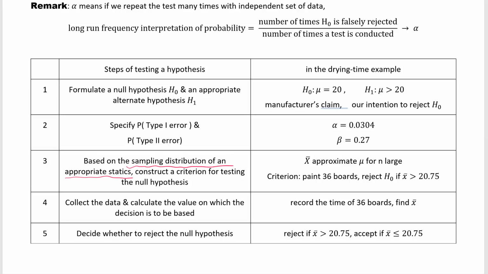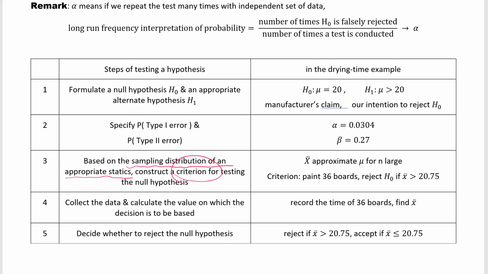The third case, we have a small sample and we don't know sigma, so we use the t distribution. Those are the appropriate statistics, and in the next sessions, we will talk in great detail about how to construct the criterion.